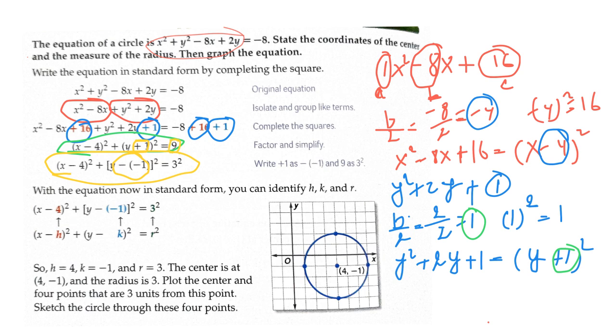So 9 can be written as 3 squared. Now if we do the comparison right here, we get h equal to 4, k equal to negative 1, and r equal to 3.